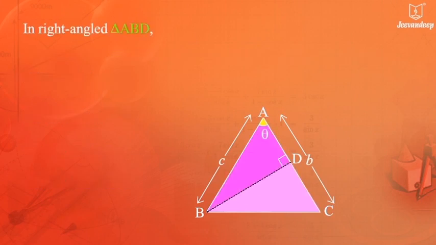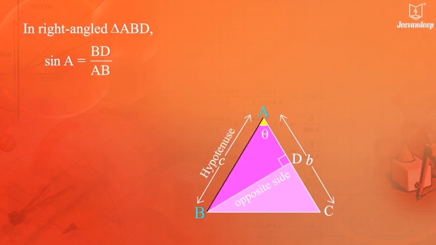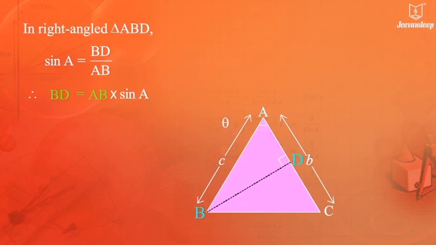In right angle triangle ABD, sin A equals BD upon AB, where BD is the opposite side and AB is the hypotenuse. Or BD equals AB sin A, that equals c sin A.